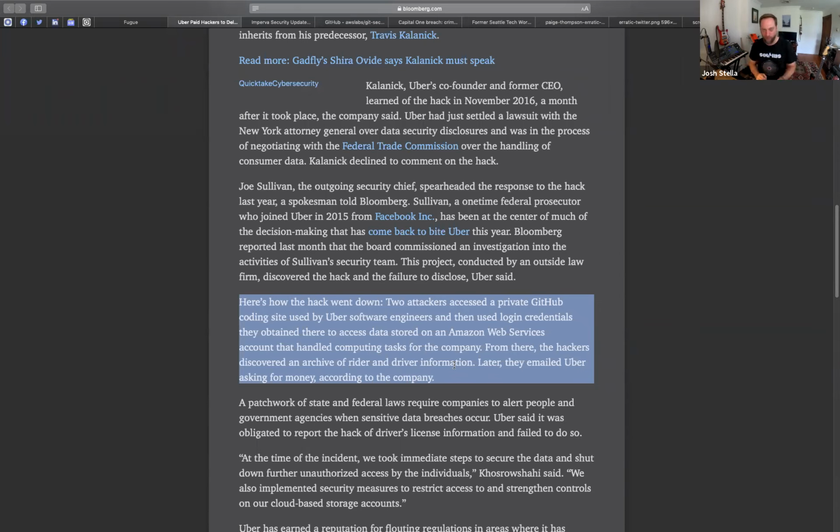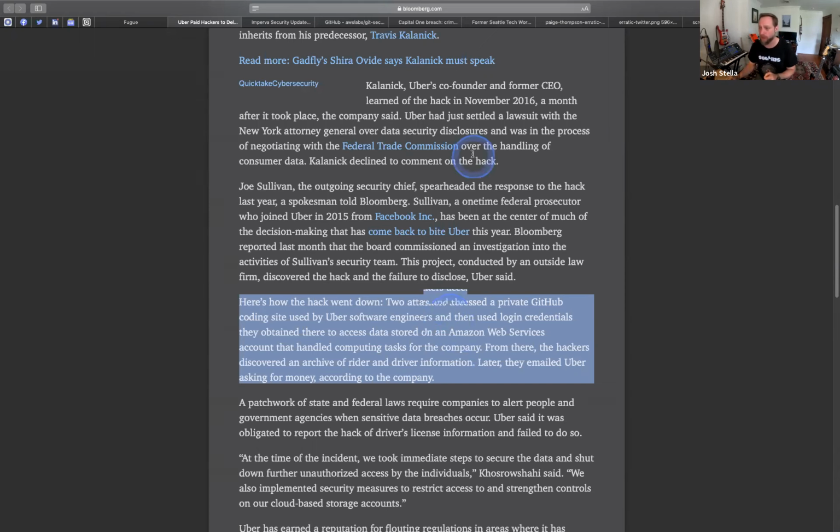Don't ever, ever, ever put credentials in source code or a config file that goes along with source code. This was a private GitHub repo. This was not public on the internet, okay? This was a private GitHub repo. Yet, a hacker, all they needed to do was find a way into the GitHub repo, and then they had AWS credentials. So don't do that.